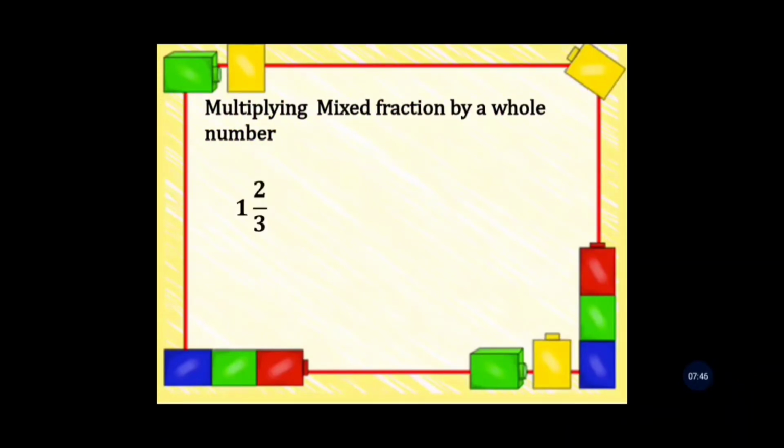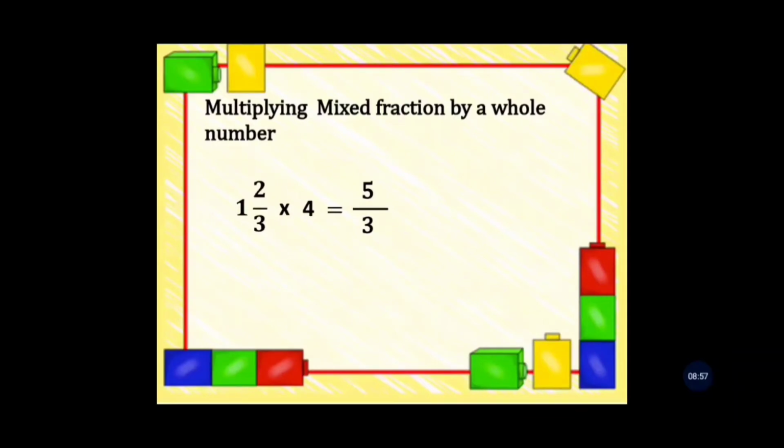So let us have 1 and 2/3 times 4. Let us have an equal sign, then a fraction sign. Then after that, we are going to multiply 3 times 1 is 3 plus 2. Idadagdag natin yung numerator. Then ilan ang sagot? 5. Then after that, copy lang natin yung denominator here.